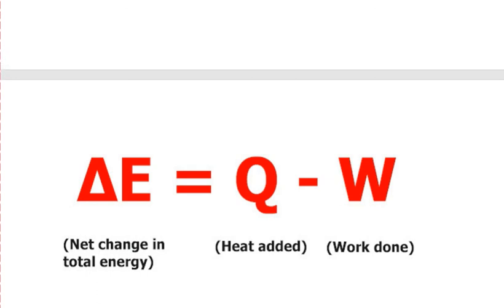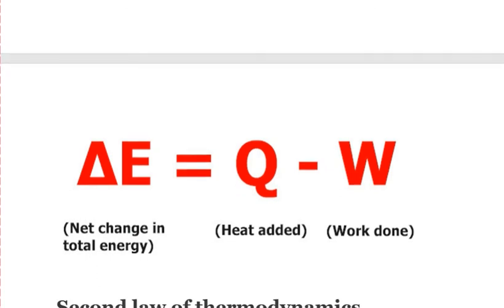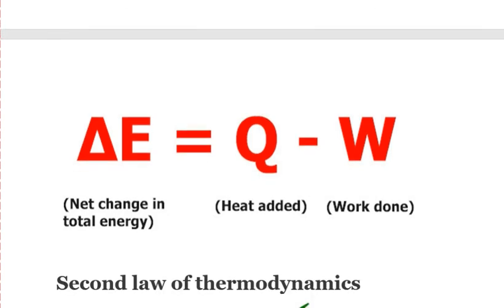So first law of thermodynamics states that the net change sa aton nga total energy of a system is equal to your heat nga gin-add naton sa system minus some work done by the system. So now let us discuss the effect of heat and work on the total energy change of a certain system.